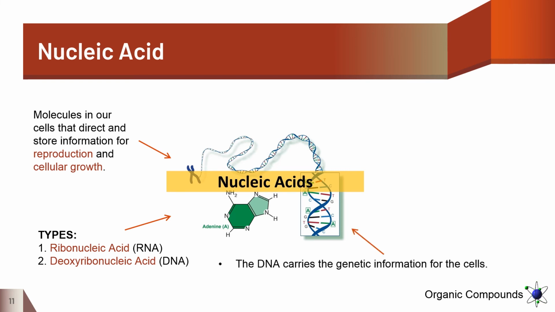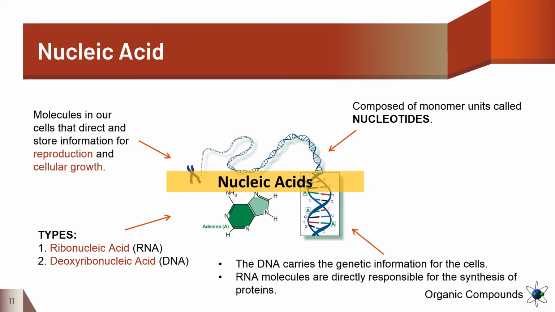The DNA carries the genetic information for the cells, and a section of a DNA is what we call the genes. On the other hand, the RNA molecules are directly responsible for the synthesis of protein.